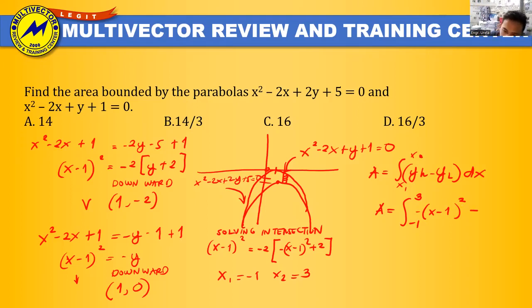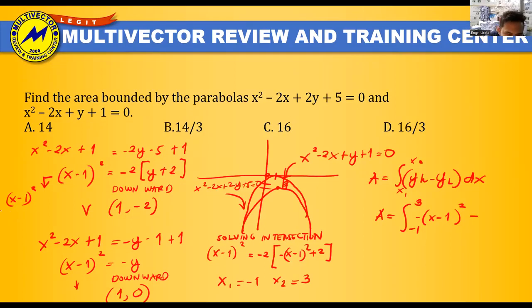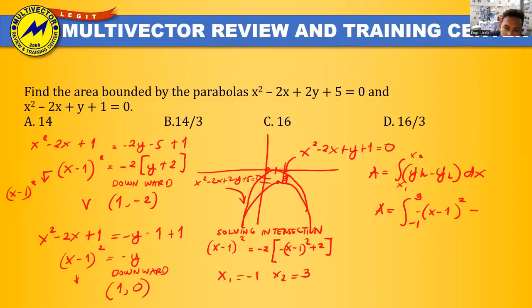Minus yung y low natin, yung lower parabola. Yung y naman natin dito, i-rewrite ko lang siya in terms of y. (x minus 1) squared divided by negative 2, minus 2 is equals to y.